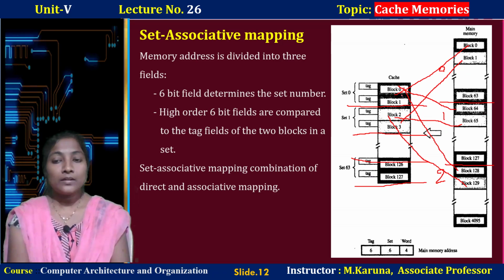So that data can be accessed with the help of these main memory address bits. Here the first 4 bits are used to access the required memory location from a particular block, and these 6 bits are the set bits. 2 power 6 equals 64, so 6 bits are required to access 64 sets from the cache memory.